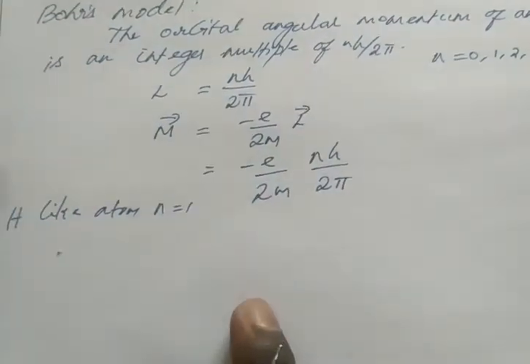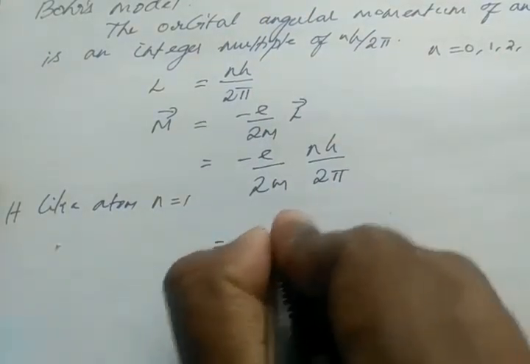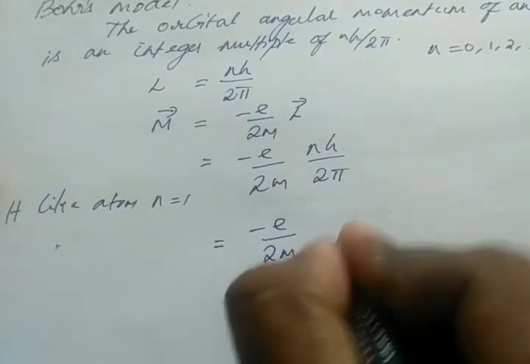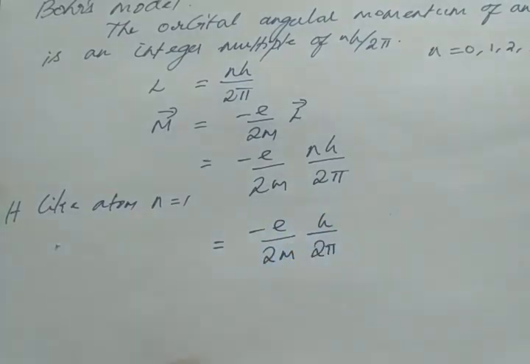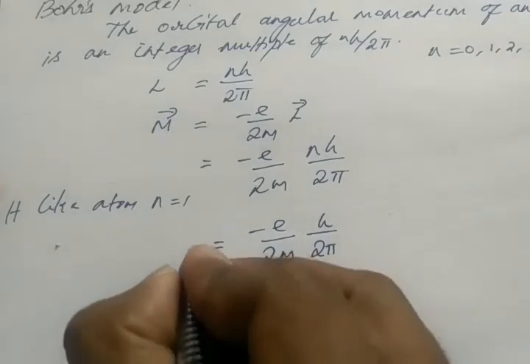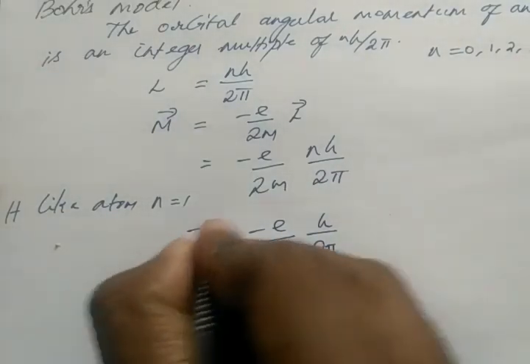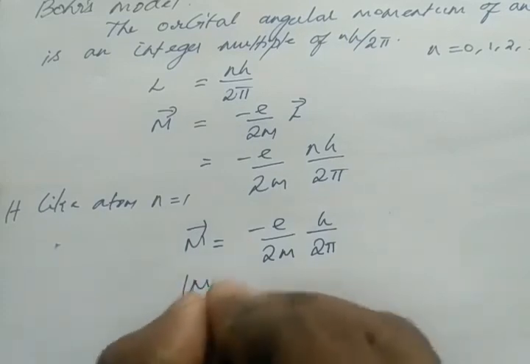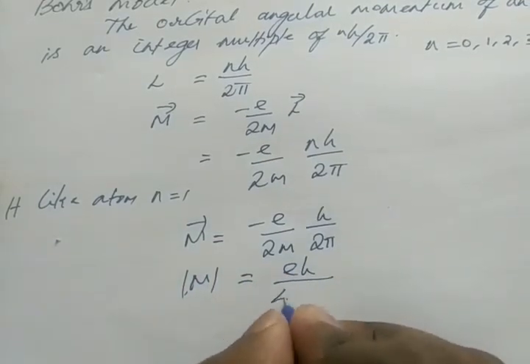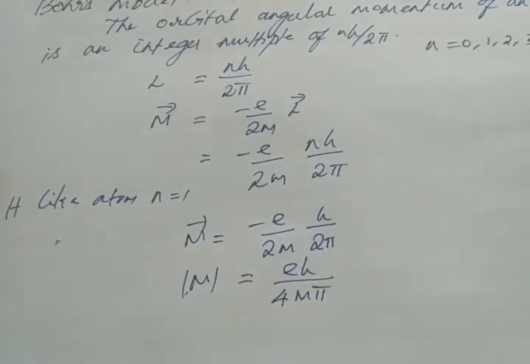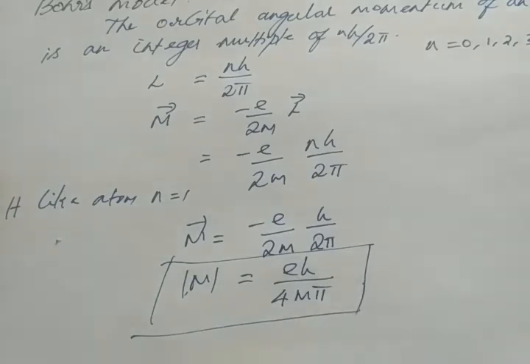If you take n equal to 1, then this equation becomes E by 2m into h by 2 pi, because our n equal to 1. So this is our M. If we take the modulus, then the minus will go. M modulus will be equal to EH by 4 m pi, right? So this is M modulus.